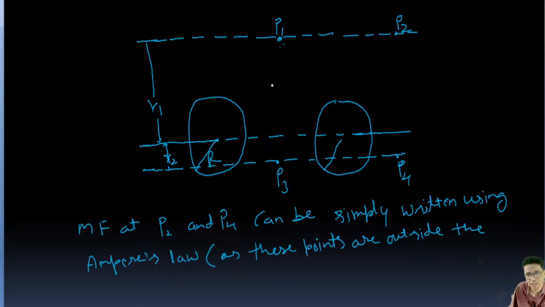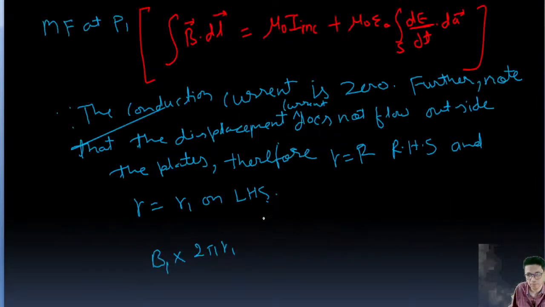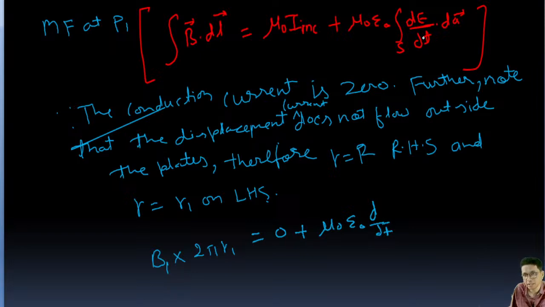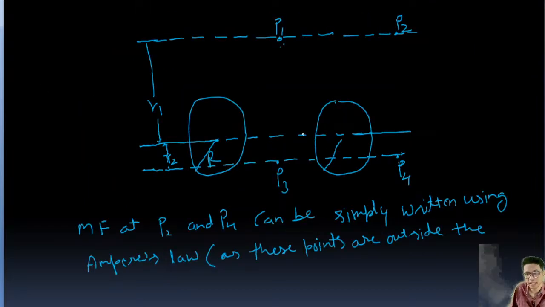For the displacement current which flows inside the plate, we take r equal to R. The conduction current term is 0, plus mu 0 epsilon 0 times the integration of d upon dt of E, and E is going to be sigma upon epsilon 0, because we know that the electric field between the plates of the capacitor is sigma upon epsilon 0.